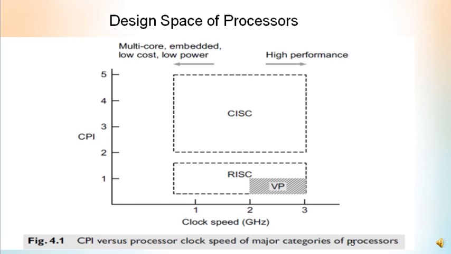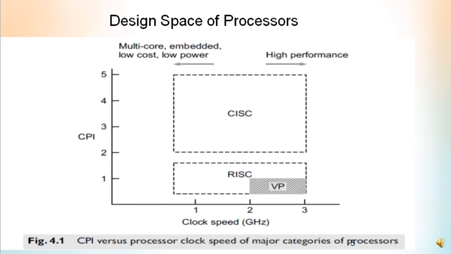Next, we have the topic Design Space of Processors. The processor families can be mapped onto a coordinated space of clock rate versus cycles per instruction, that is CPI, as illustrated in this figure. Look at this graph.